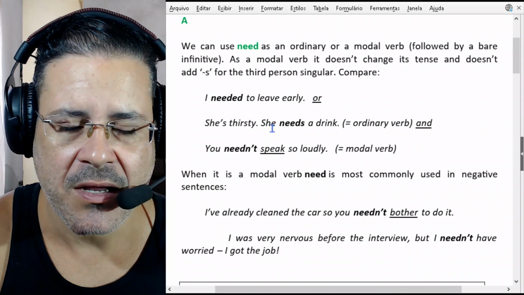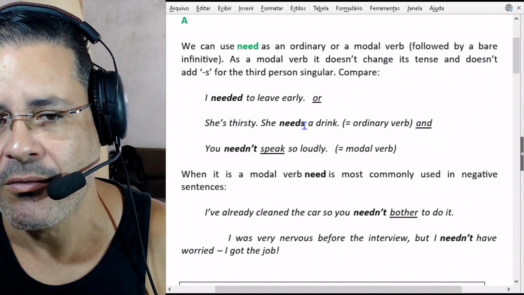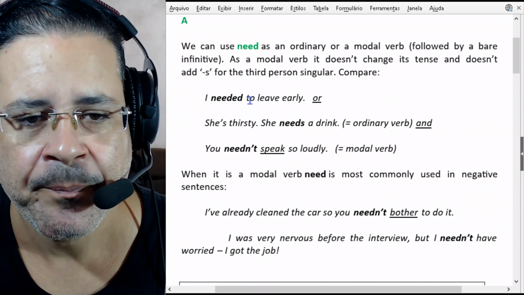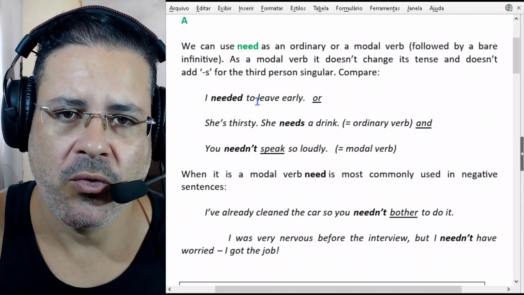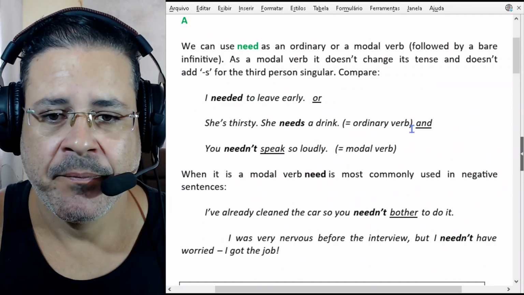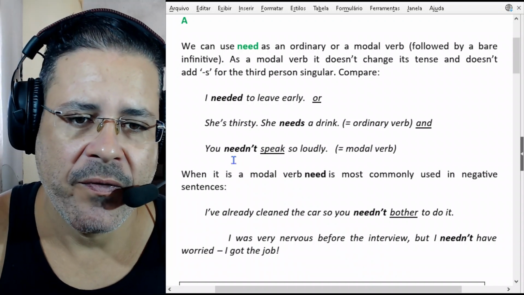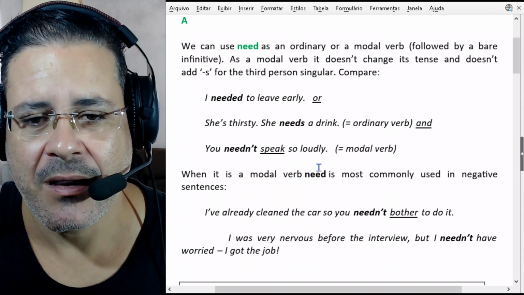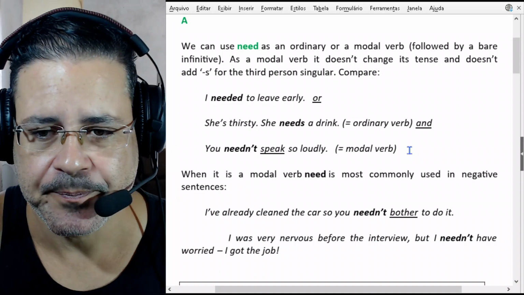She needs, I need, you need, he needs, she needs, it needs. So we make all the variations. So when the verb need is with its adaptations, we're considering its ordinary way. But when it is in that needn't way or need, we're going to see other examples, it's in its modal form. This is a modal verb.